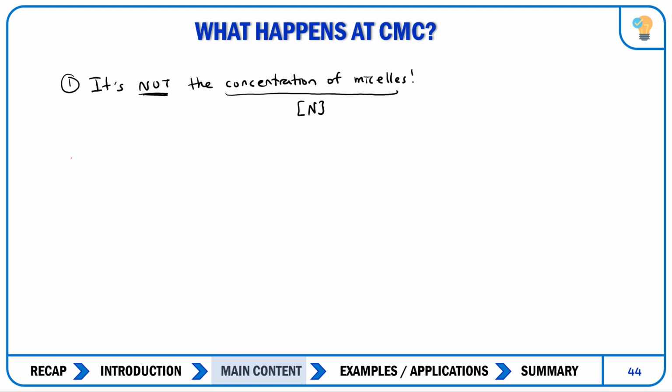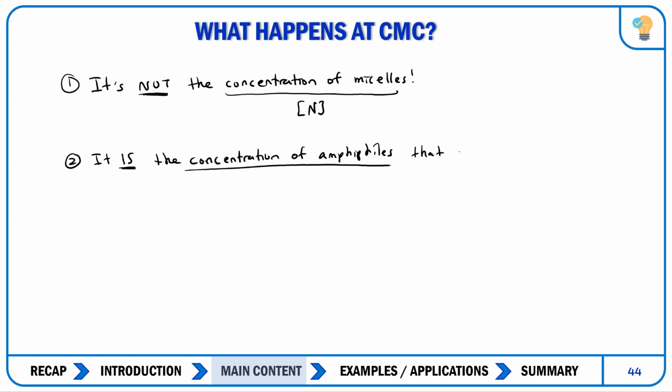What we want to know is that the CMC is the concentration of amphiphiles that are required to start the formation of micelles.